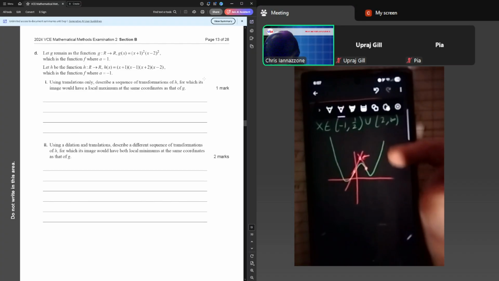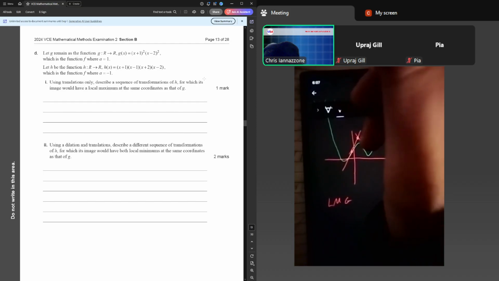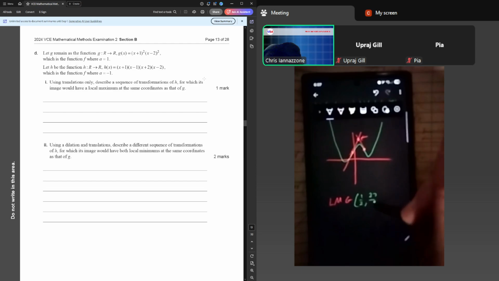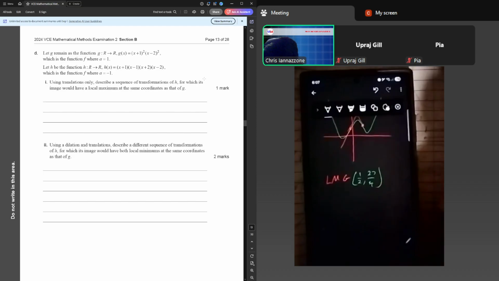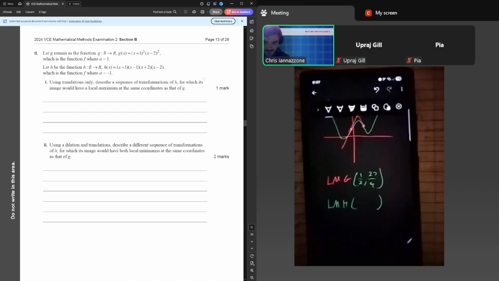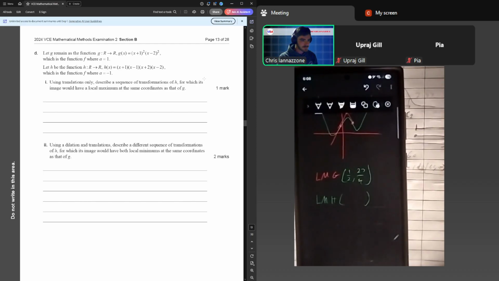So the local max of G is half comma 27 on 4. We want to get it there from H, but we don't know the local max of H. How are we going to get that? That'll be a nice stepping stone to get there.